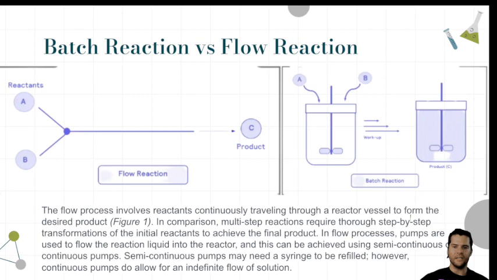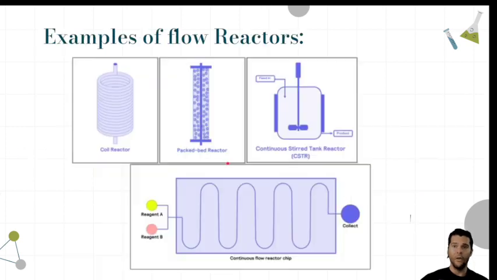In flow processes, pumps are used to flow the reaction liquid into the reactor, and this can be achieved by using semi-continuous or continuous pumps. Semi-continuous pumps can be used but may need a syringe or another cannula method to refill those. However, continuous pumps do allow for an indefinite flow of solution, and we all like that word, indefinite. That means continual process flow throughout the entire work day.